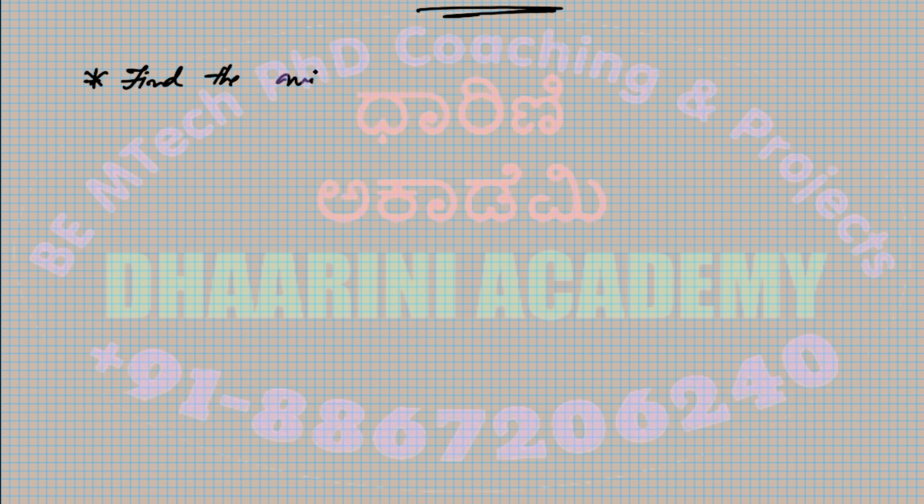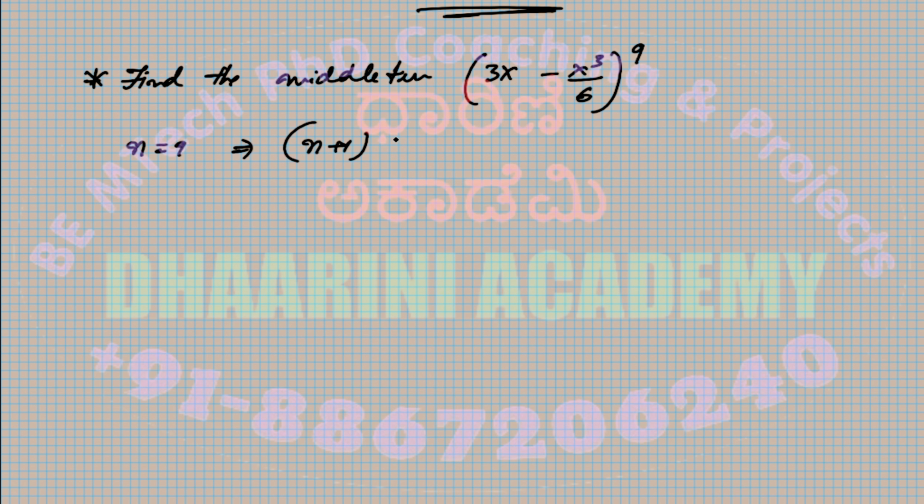Find the middle term in the expansion of (3x minus x^3/6) to the power 9. So now I can see that n is equal to 9. This implies the total number of terms, n plus 1, is equal to 10. So this means there are two middle terms.